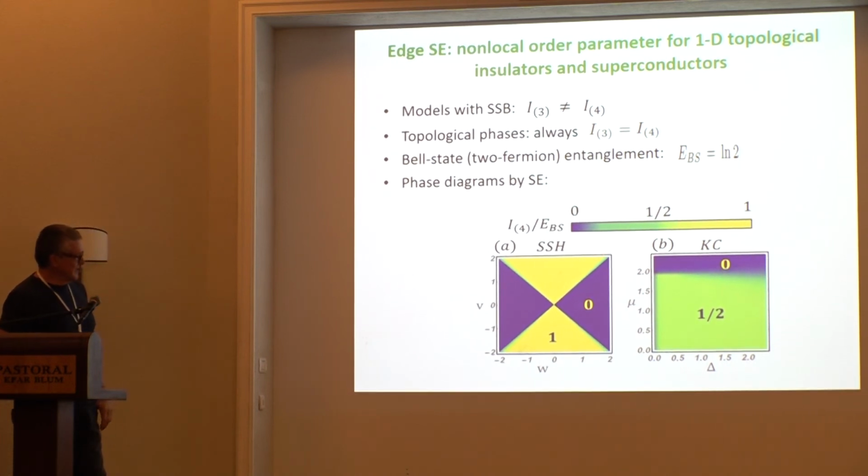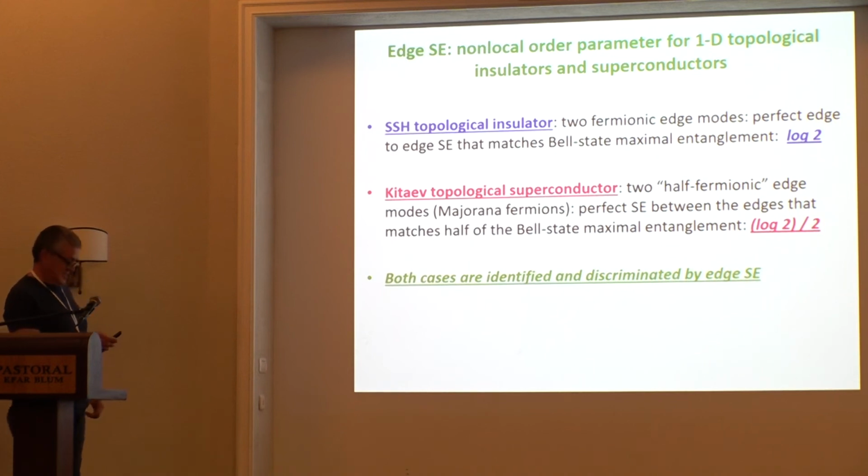This is the phase diagram measured as this ratio, I4, the quantum conditional mutual information, normalized by the Bell state entanglement. Okay, and so this is the summary of what we have found.